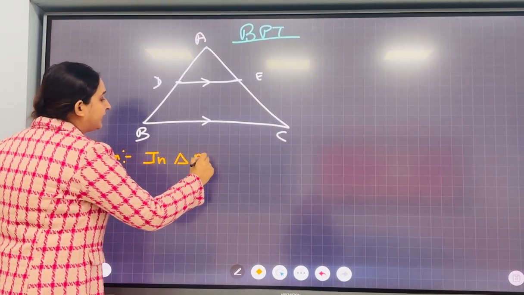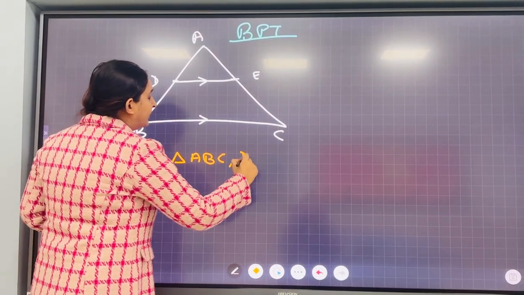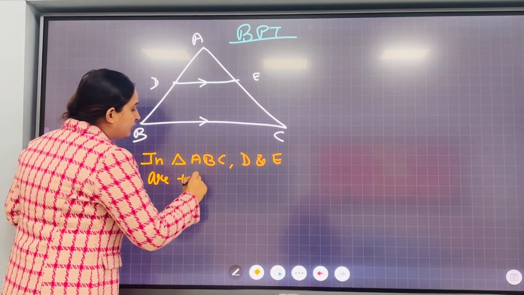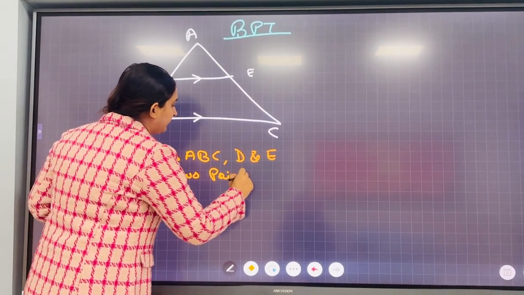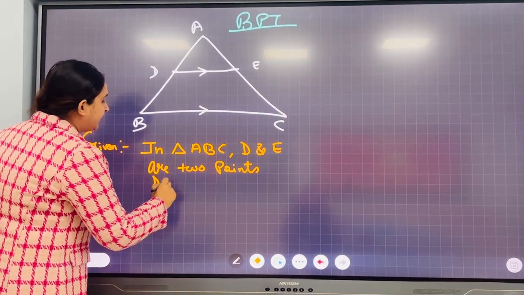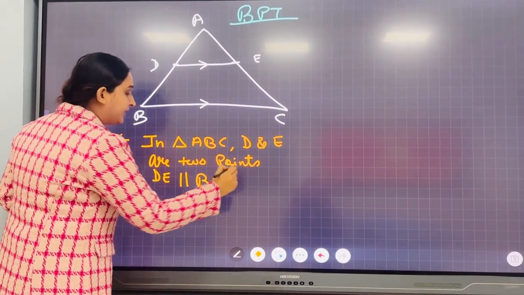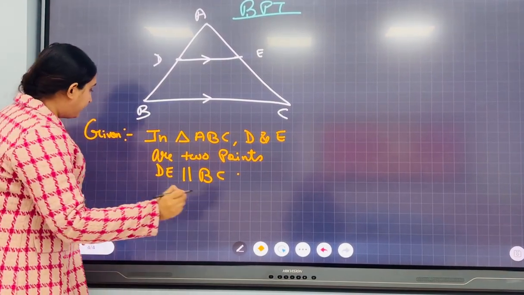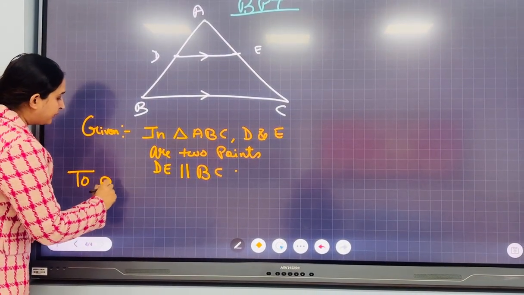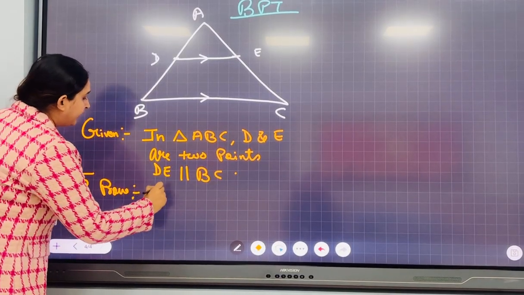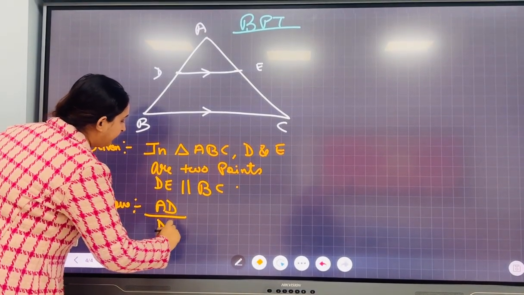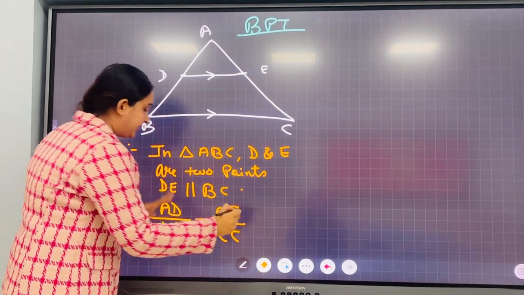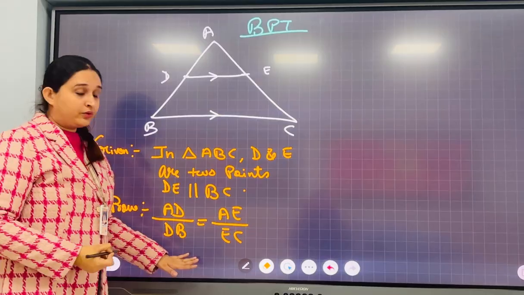In triangle ABC, D and E are 2 points and DE is parallel to BC, right? This is given. Now what I need to prove, that I'll write as to prove: AD upon DB is equal to AE upon EC. This is what I have to prove.